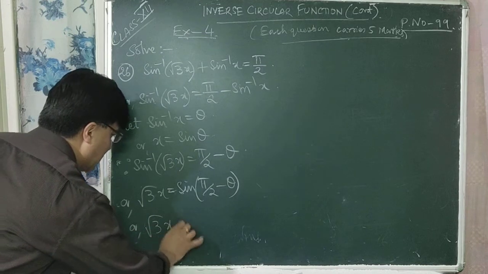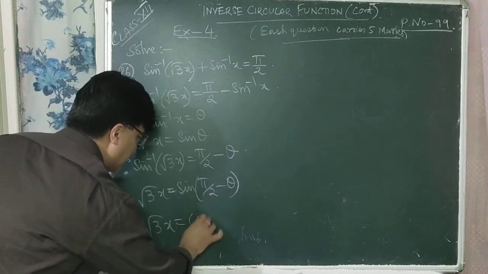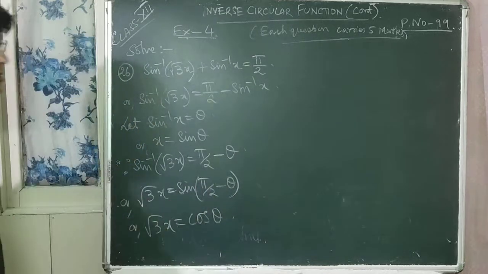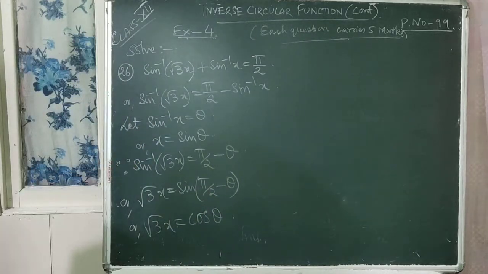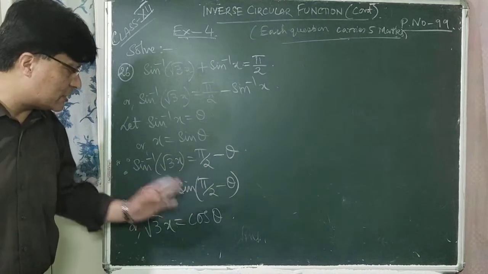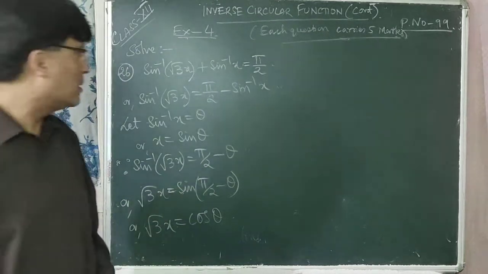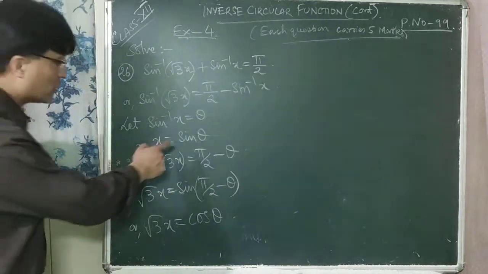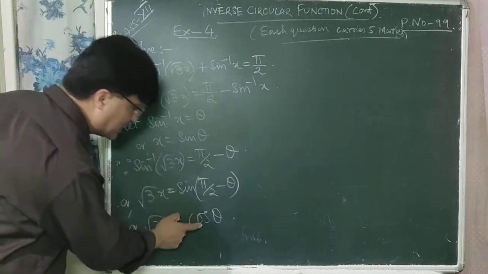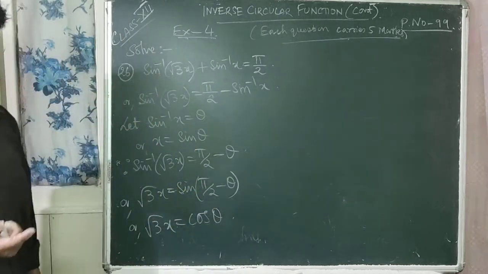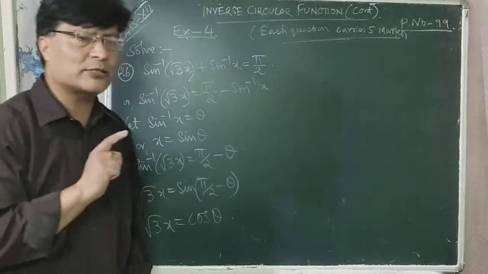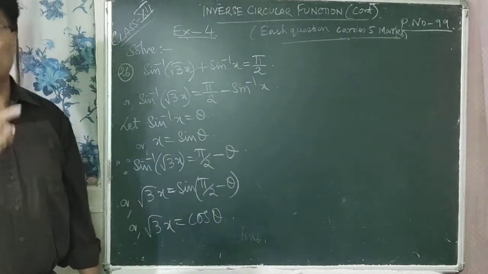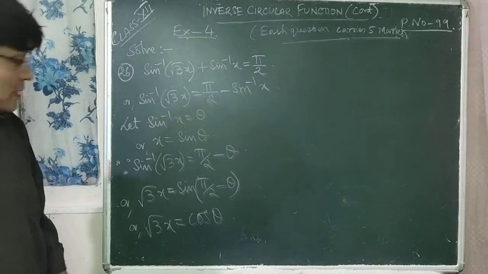Or root over 3x is equal to, what is sine 90 minus theta? It is cos theta. You know this formula, isn't it? That is sine 90 minus theta is equal to cos theta. So now, since you know sine theta is equal to x, you can change this cos theta into sine theta. How can you change cos theta into sine theta? Root over 1 minus sine square theta, right?